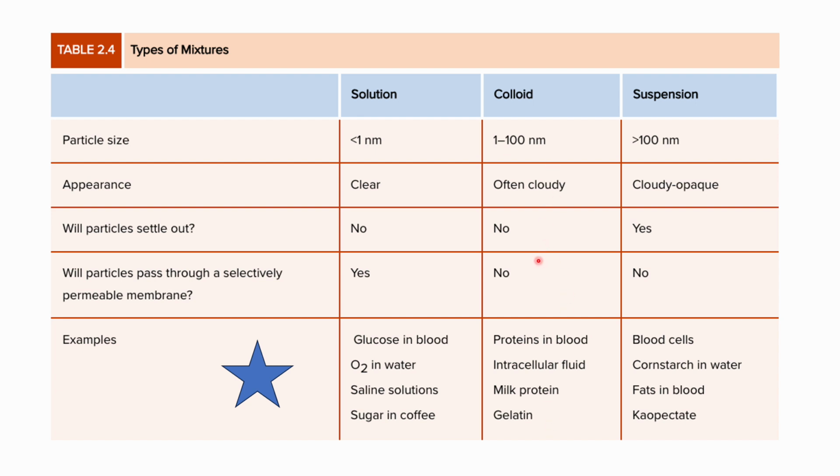They do not settle, and they do not pass through a selectively permeable membrane, often because they are too large, at 1 to 100 nanometers in size. And then suspensions. Examples are blood cells in our blood plasma. If you take someone's blood and let it sit, it will separate into different layers. Others are cornstarch in water, fats in blood, and kaopectate.